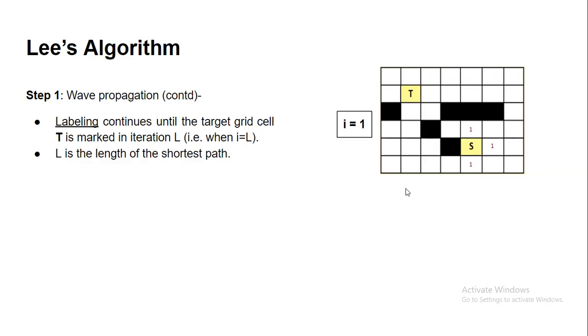Then in the second iteration, we will only level the blocks which are 2 Manhattan distance away, but calculating from S is somewhat difficult.